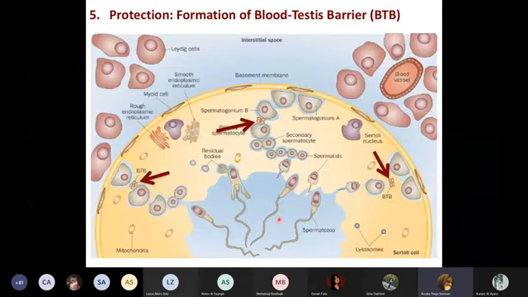Therefore, this blood-testis barrier is created because of the presence of these tight junctions that exist between the Sertoli cells toward the basal compartment. Okay, and this polarization will make sure that we have two different compartments, and the composition of the lumen of the seminiferous tubule will be different from that of the blood composition.